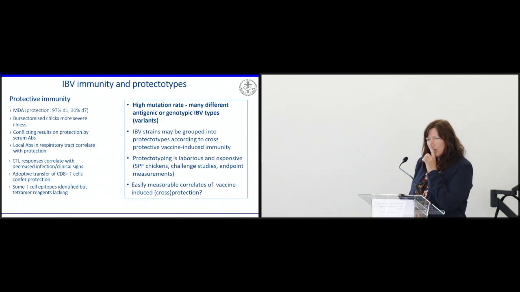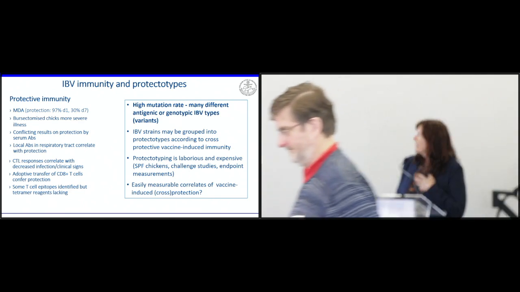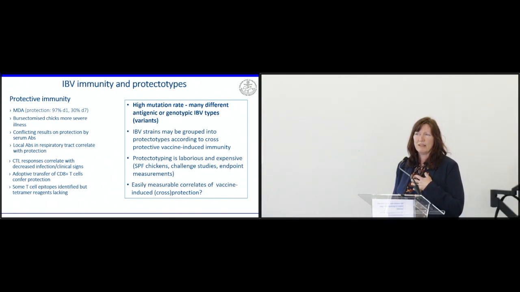So what we do know about protective immunity against the avian coronavirus is that maternal antibodies are somewhat important, but already 1 week after hatch, they are not really that protective anymore. We do know that humoral immunity is important.